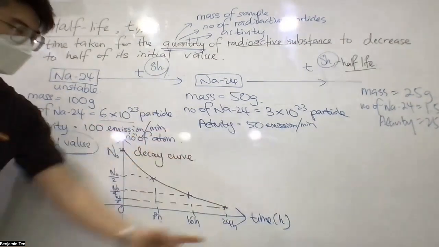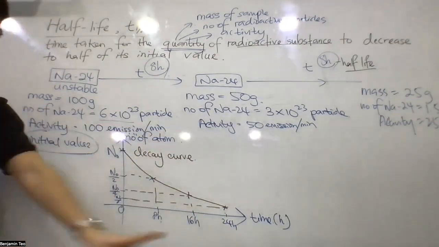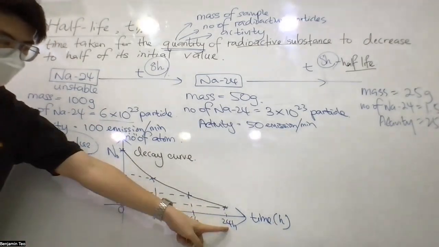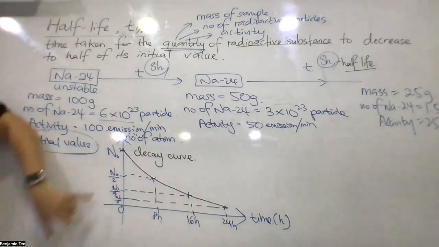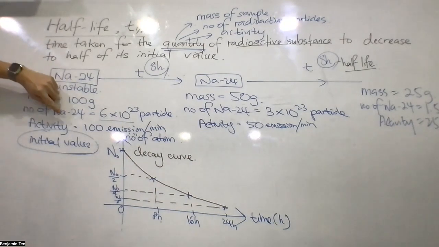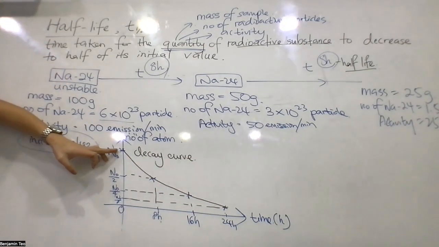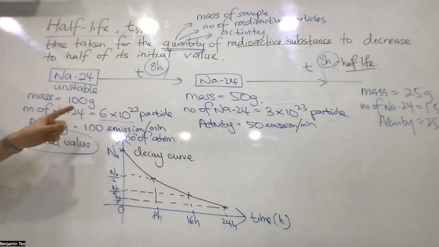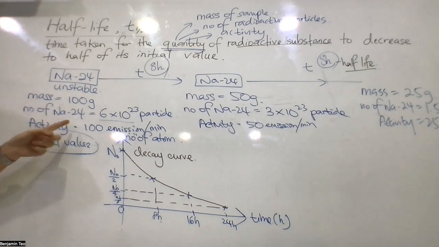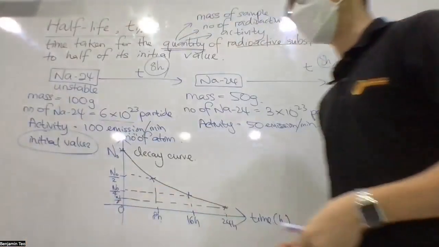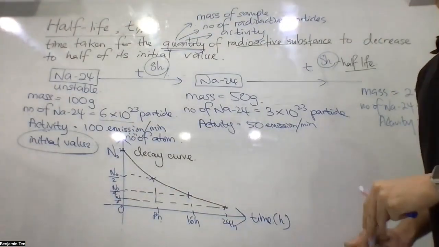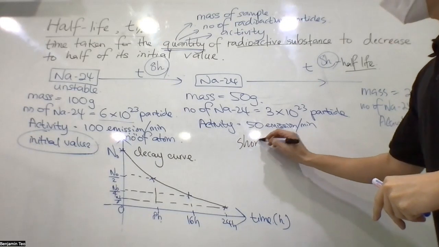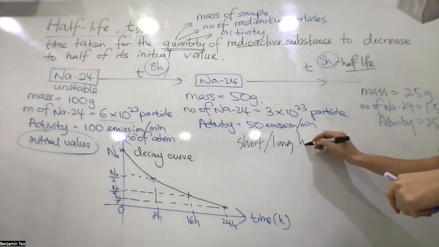So look at this sodium-24. In one day, by the end of the day its quantity is this little. Its activity at first is 100 per minute, and by the end of the day, divided by 8, it becomes very small. So at the end of the day, the activity of the sodium becomes very small. Is it a good thing or a bad thing, the half-life? Short half-life or long half-life?